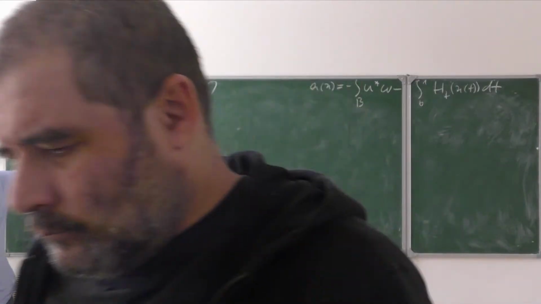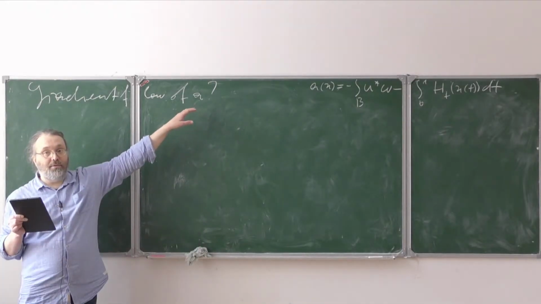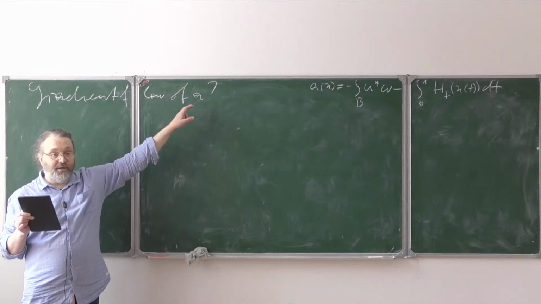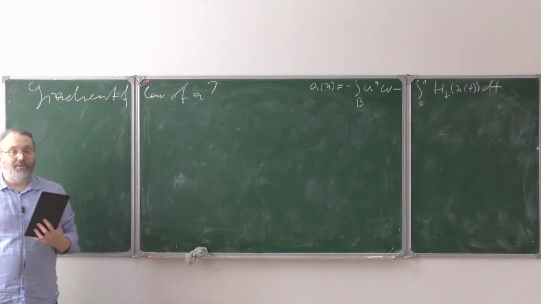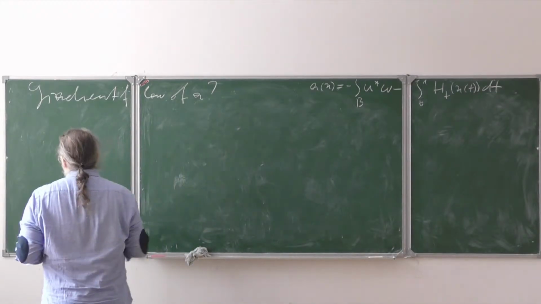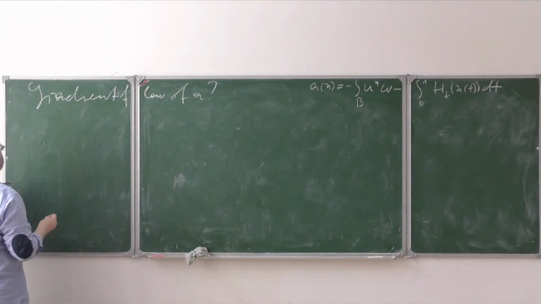Now we want to do the same for our action A. Well, so we need to calculate the gradient flow, and to do this we need a metric.